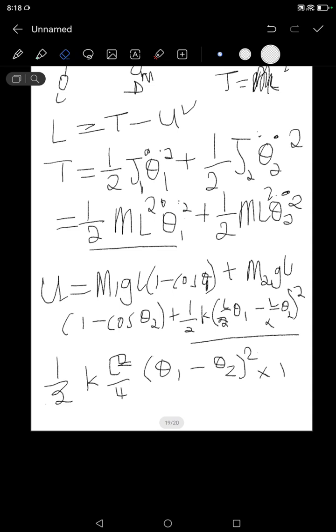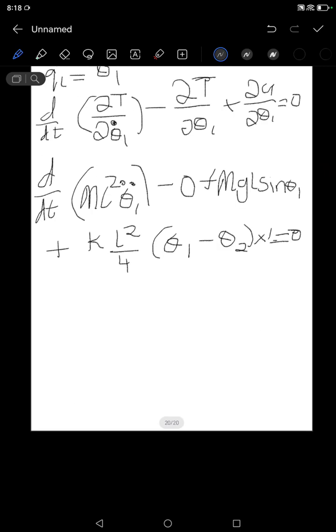Here we only have a theta dot, so that when we differentiate with respect to time, we can get a theta dot dot 2. Okay, so here we're going to differentiate theta 1 with respect to time. We're going to have ml squared theta dot dot 1 minus 0, and then here we're going to take this sine of theta as a small oscillation, which means it's approximately theta 1.